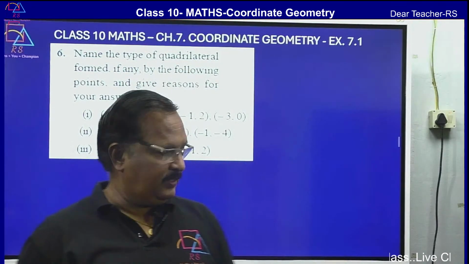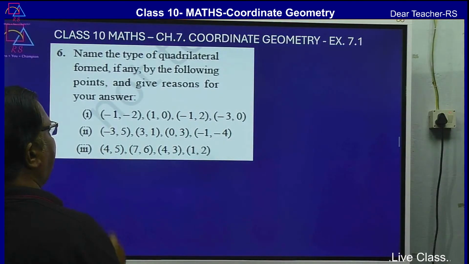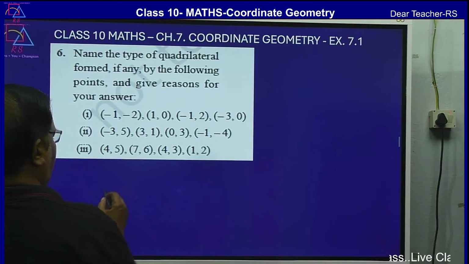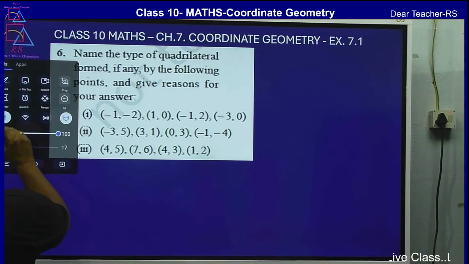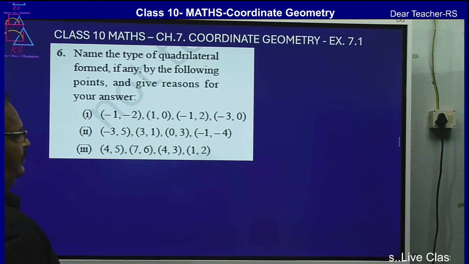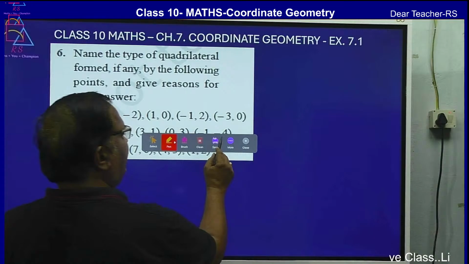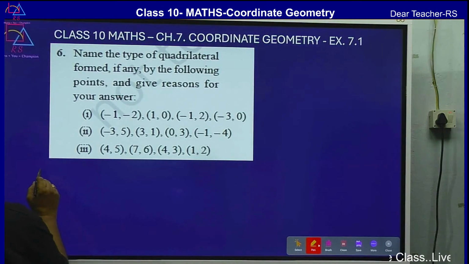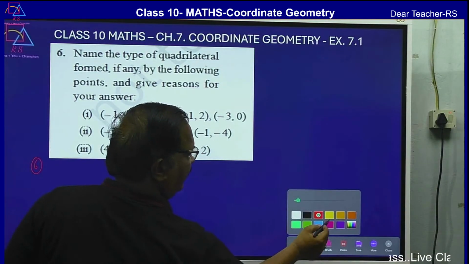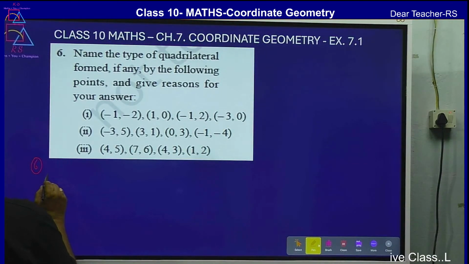Let me take up the first question. I will start from here. We have to label x and y first. So question number 6, first part.